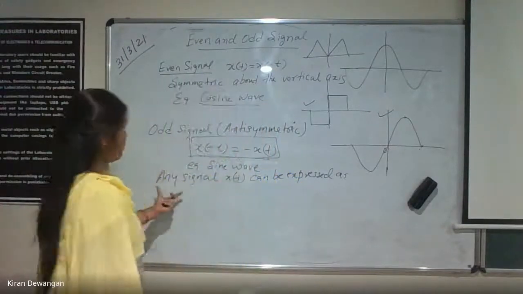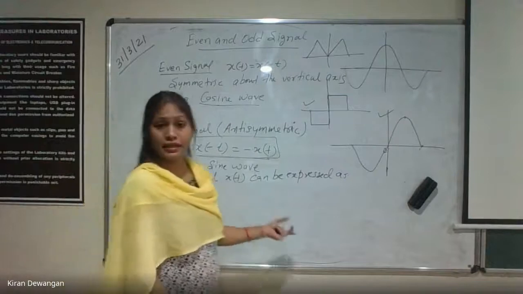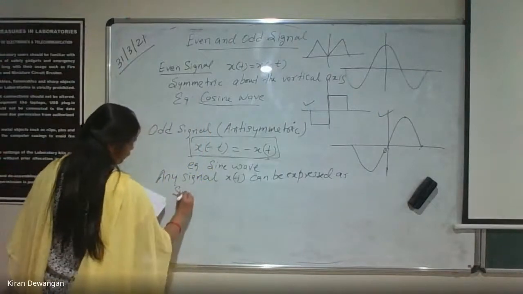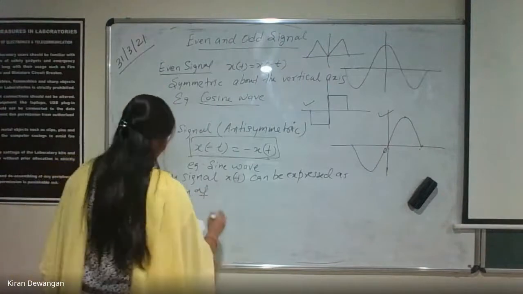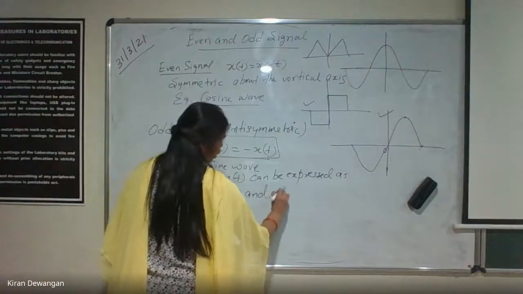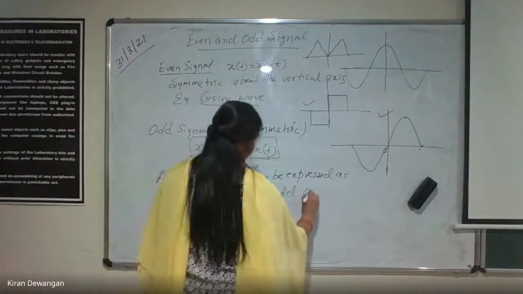Now we have any signal x(t) that can be expressed as the sum of even and odd components.